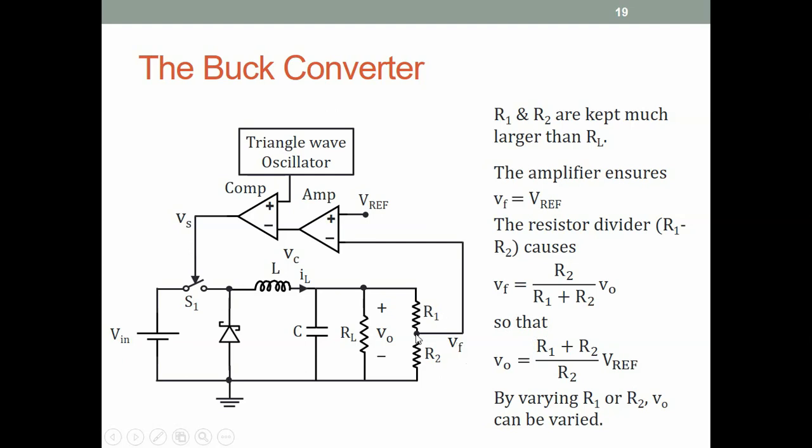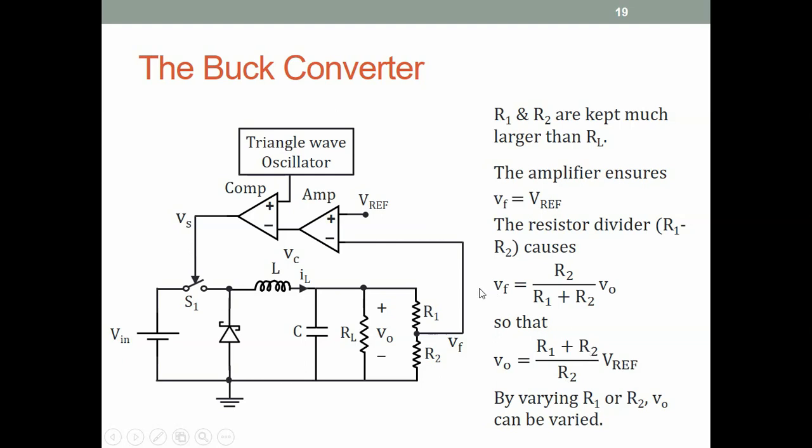Now, because Vf is connected to the amplifier and because of this whole negative feedback principle, Vf in this circuit is going to be equal to Vref. If Vf is equal to Vref, that means Vo is going to be equal to what? R1 plus R2 by R2 into Vref, right?